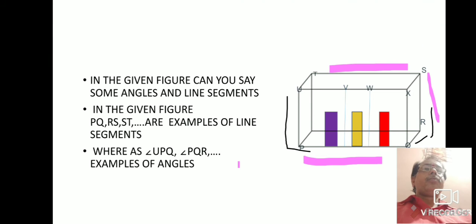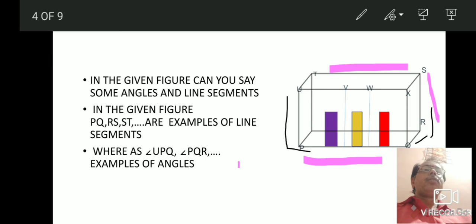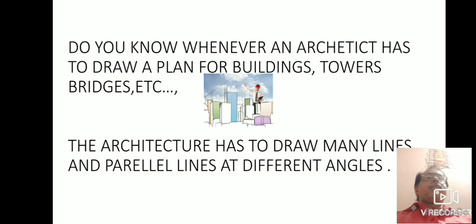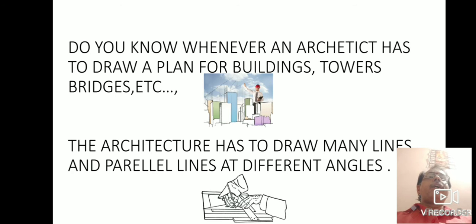Okay, these are some basics. Now, where do we use this chapter? Do you know, whenever an architect has to draw a plan for buildings, towers, bridges, etc., the architect has to draw many lines and parallel lines at different angles.